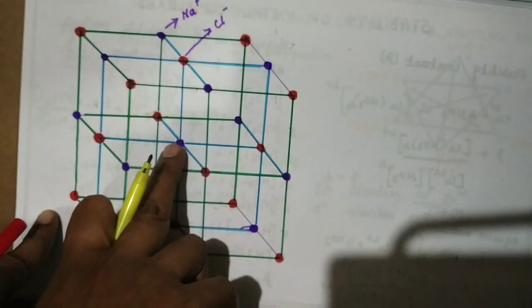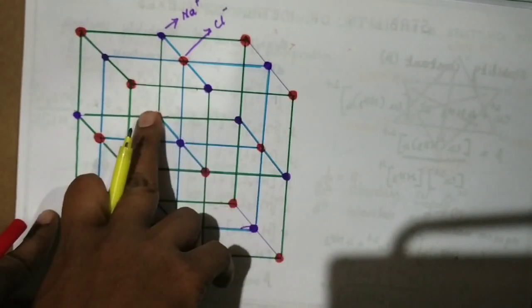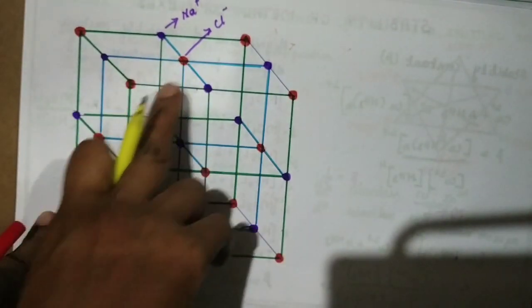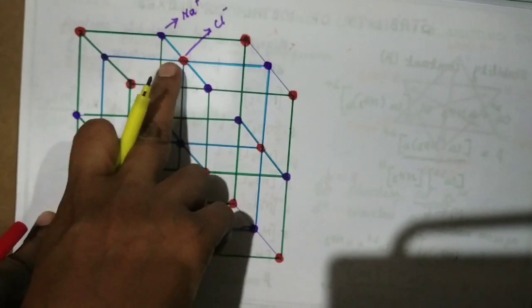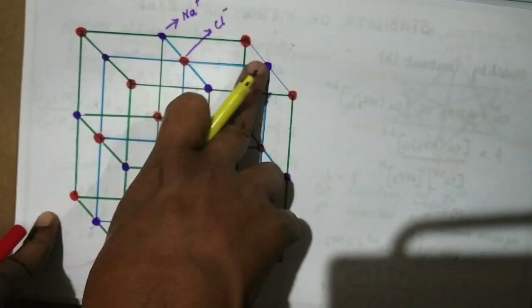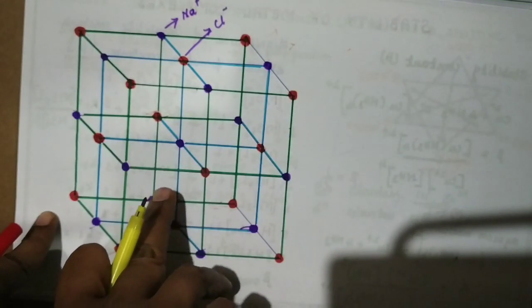All the positive ions are surrounded by negative ions, and each negative ion is surrounded by positive ions.